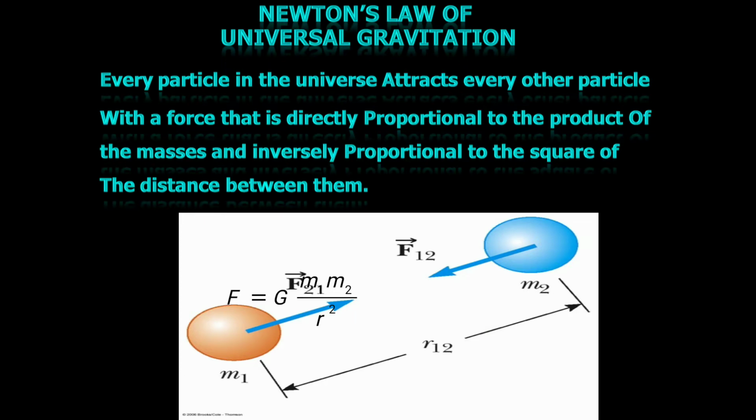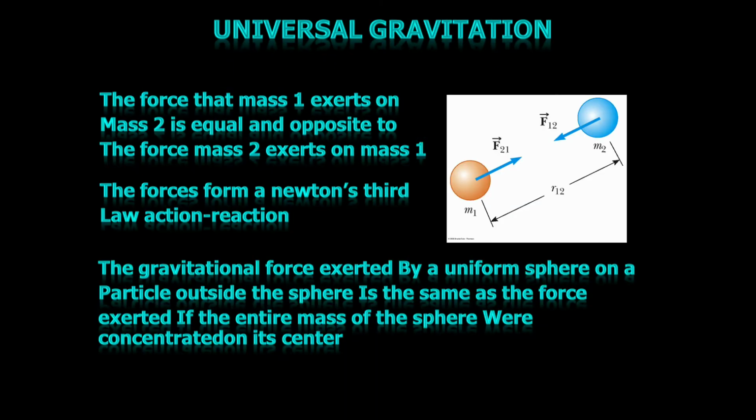So there are F12 and F21, which are in opposite directions with equal magnitude. The force that mass 1 exerts on mass 2 is equal and opposite to the force that mass 2 exerts on mass 1. This follows from Newton's third law, the law of action and reaction.